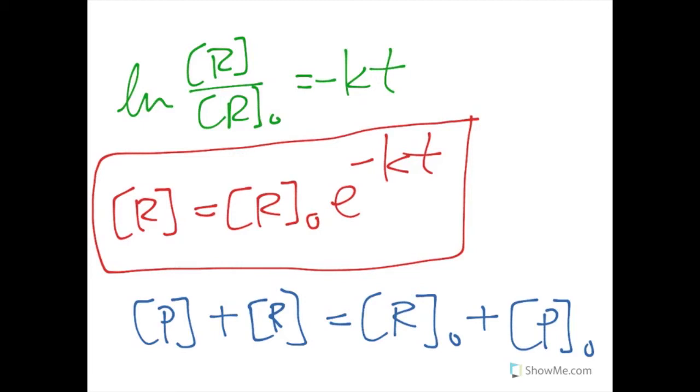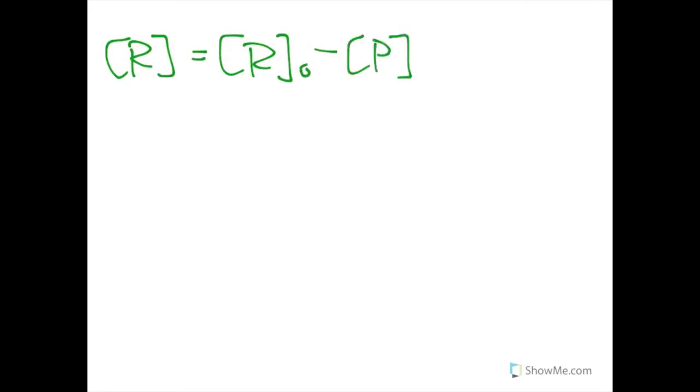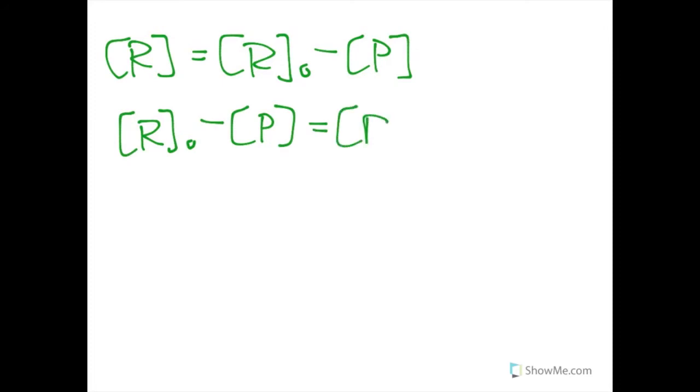Now, if we say that we are starting with only reactants and that P naught is 0, then we can rewrite R in terms of P. We get that R is equal to R naught minus P. So now substituting that into the left side before, we get this equation.